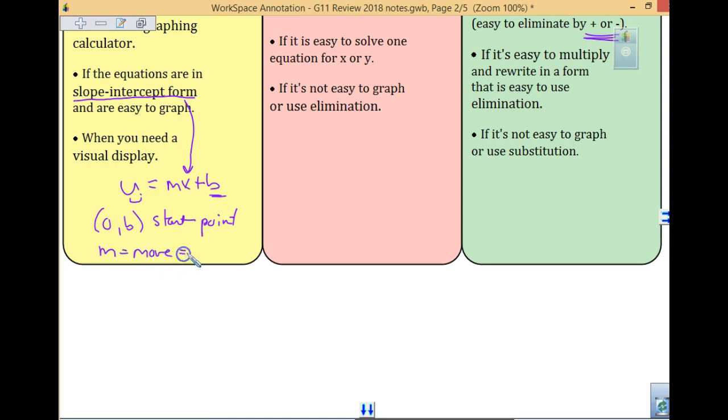And when we think of moving, we're usually thinking of it as rise over run. This is also where you might be thinking positive slope, negative slope, zero slope, and I don't believe you're going to have any that are undefined, but that kind of might help you to think about that. So when you rewrite those equations, okay?